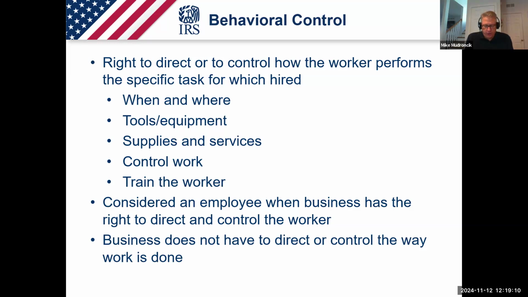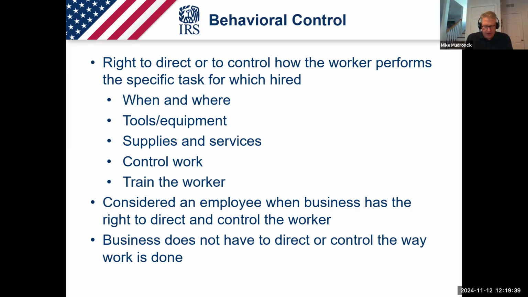Can the employer control whether the worker can hire assistants? Can the employer control what work a specific individual must do and the order in which that work must be done? Does the employer train the worker? Generally, if the employer has the right to control what will be done and how it will be done, then the worker is an employee.